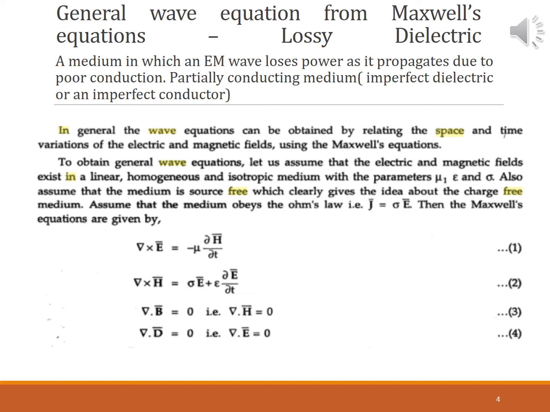These are the four equations corresponding to a lossy dielectric medium, which is a linear homogeneous isotropic medium that is charge free, obtained by substituting rho V equal to 0. These four equations form the basis for deriving the electromagnetic wave equation in a lossy dielectric medium.